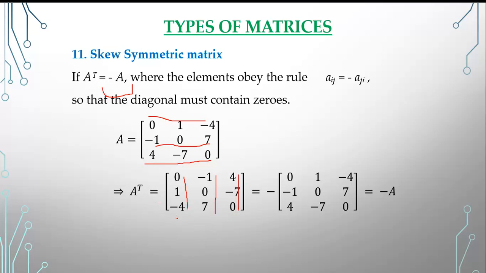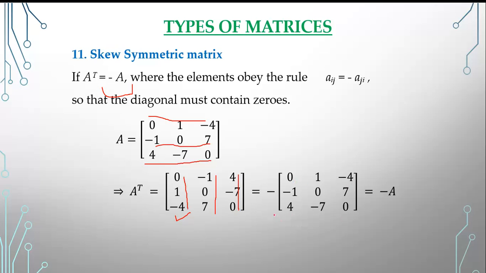So now you have A transpose. Now when you take the minus, you multiply it through, so this becomes 0 minus 1 4, 1 0 minus 7, minus 4 7 0.